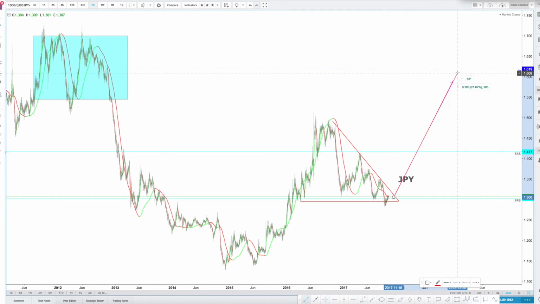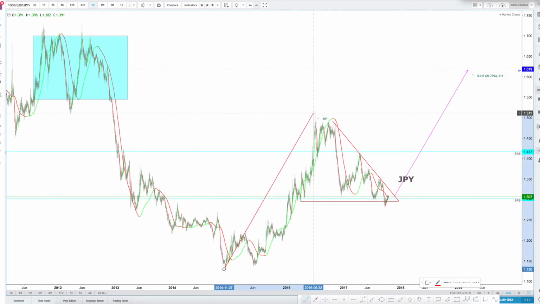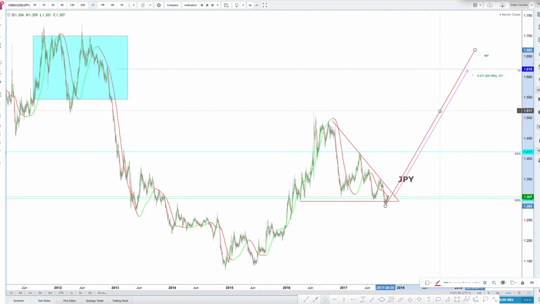So probably something like this. And then we have the measured move from that low to this high. And if we assume that this is the low, then that puts us right up there, yeah, this area high.